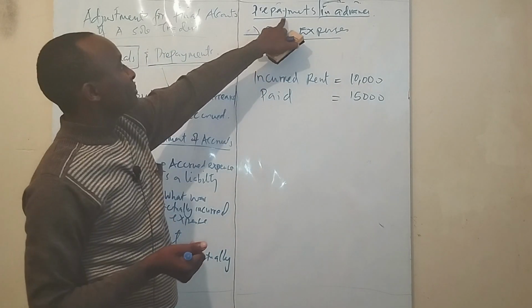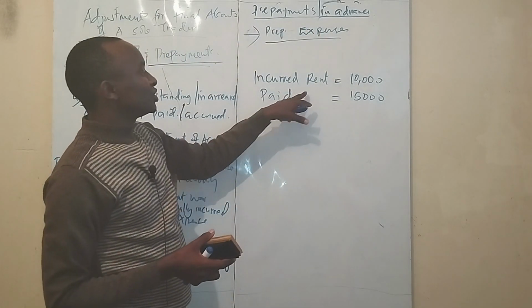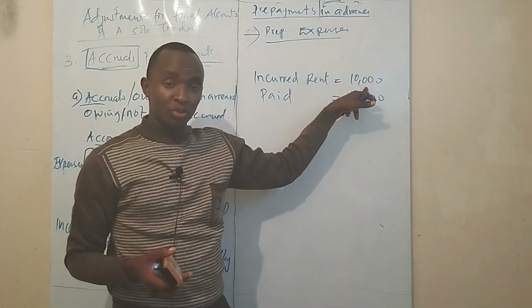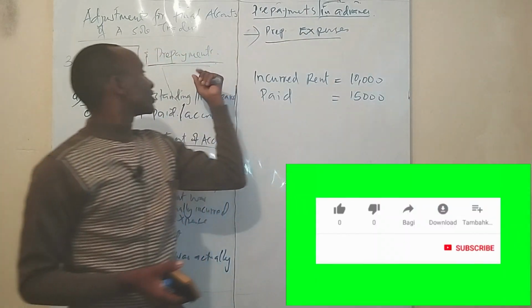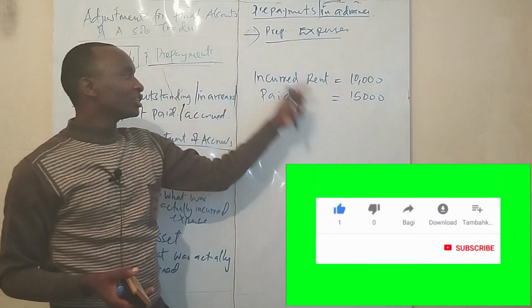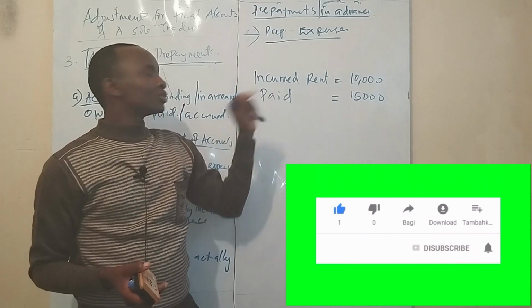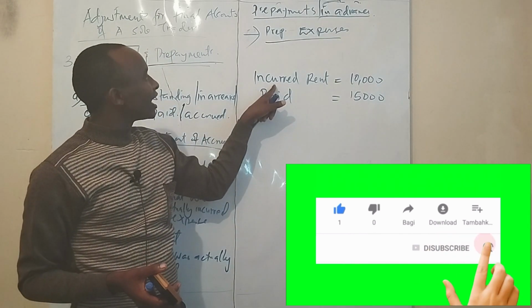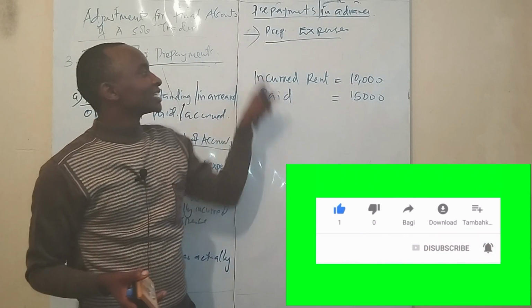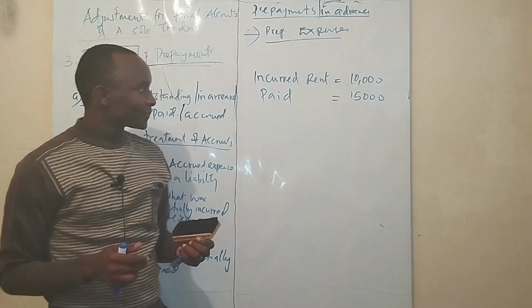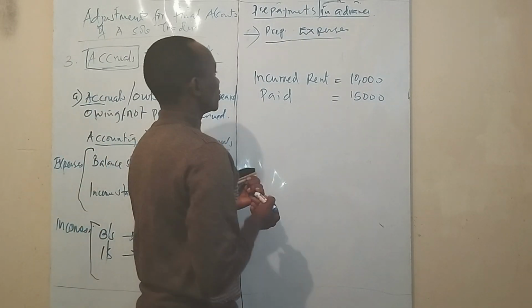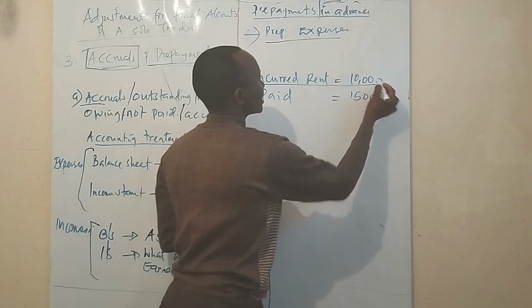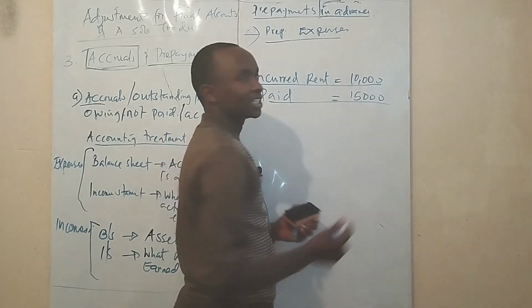Prepayments, or paid in advance, means you pay in excess of what you are supposed to pay. It is the opposite of accrued. Accrued means you did not pay to the point of what was actually incurred. But in prepayments, you have paid in excess of what you are supposed to pay, right? Good. So here you incurred 10,000, but you paid 15,000.